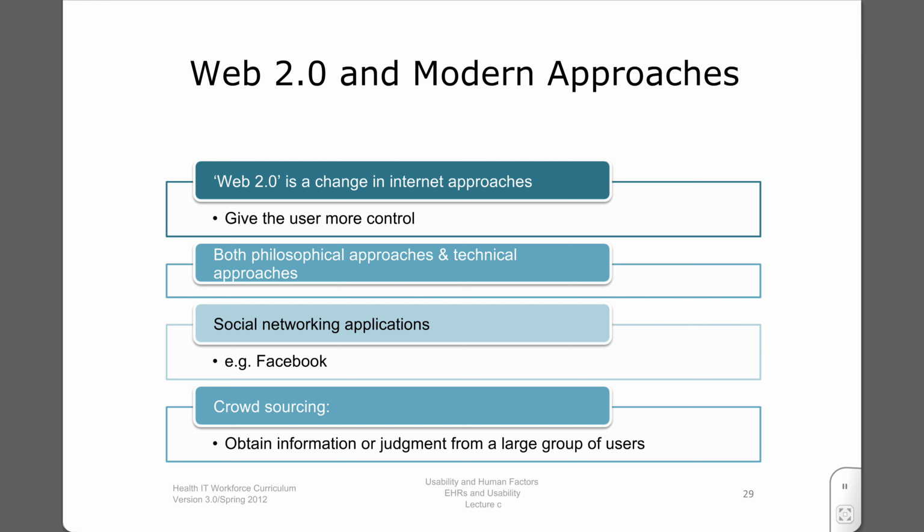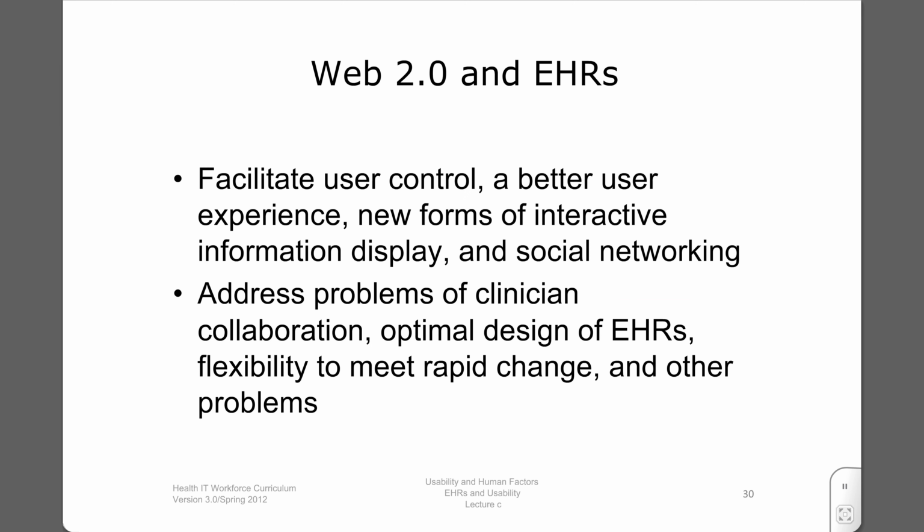Systems can make recommendations, for example, for products we might be interested in, based on learning from the patterns of other users. This is called crowdsourcing. Using Web 2.0 techniques in the EHR could allow more user control, better user experiences, and new forms of information display and social networking. This is an area for research.